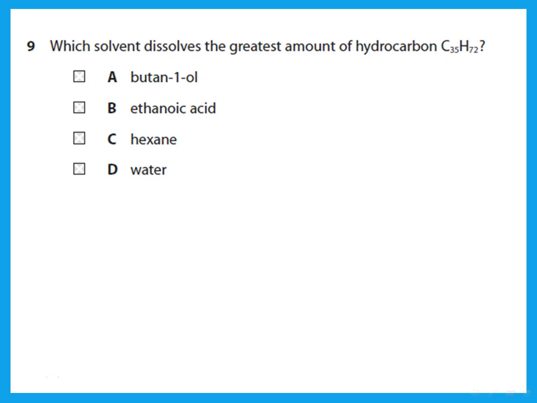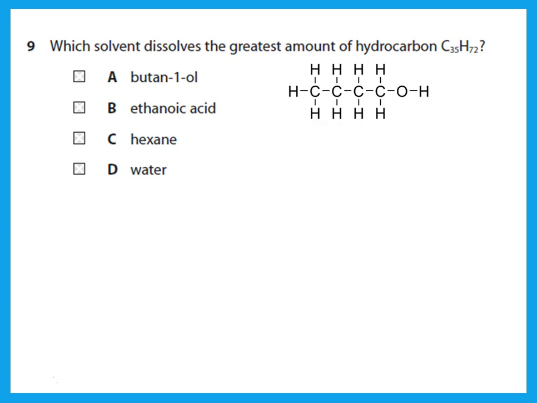That means it's not polar, so it would dissolve something that is similar to it. Remember, solvents dissolve substances that are similar to them, or that can do, for example, hydrogen bonding with them. But here we have a hydrocarbon. It cannot do hydrogen bonding. So I am looking for another hydrocarbon that can dissolve in it.